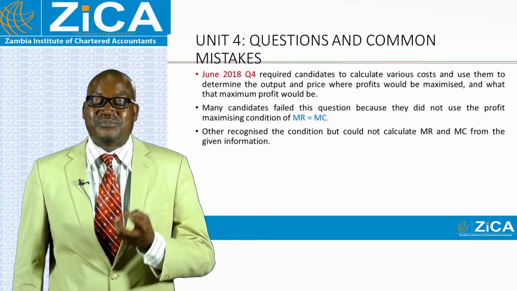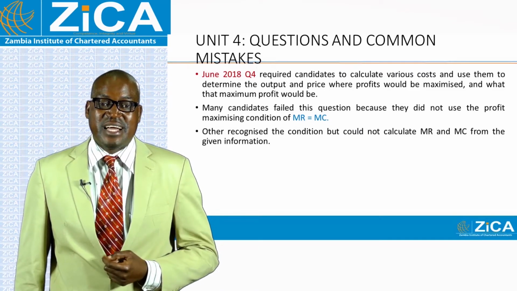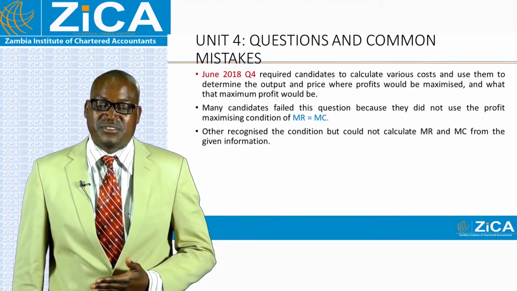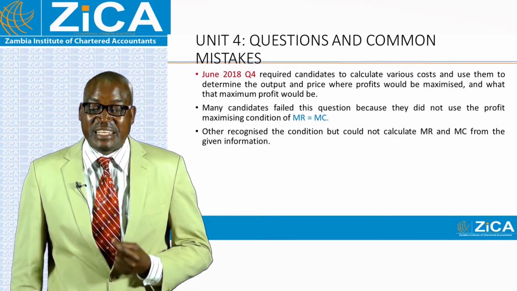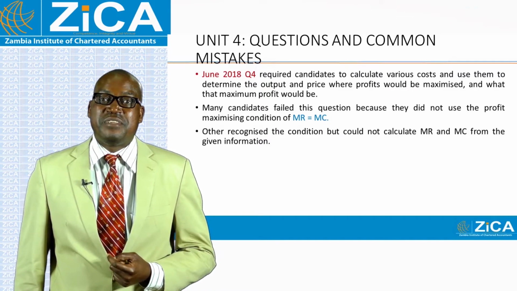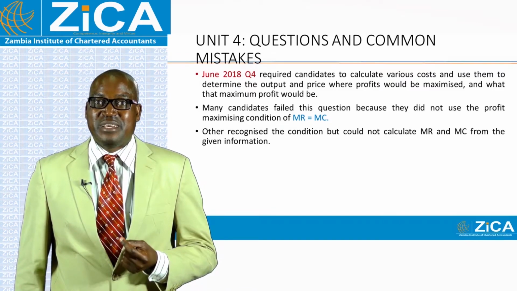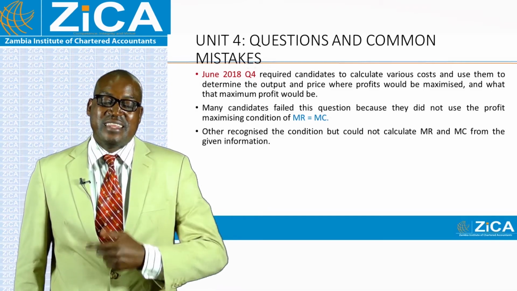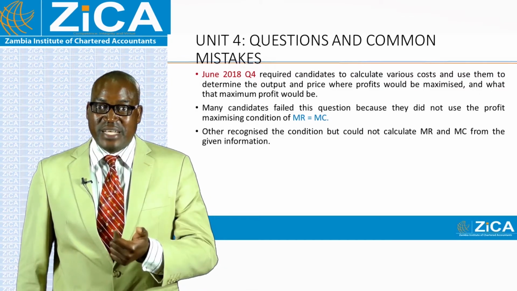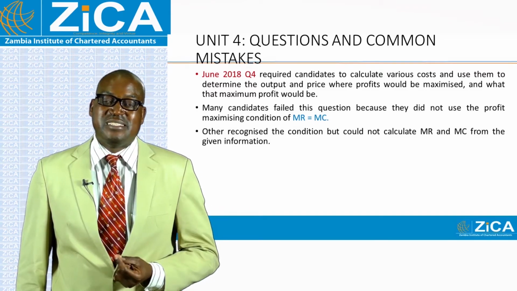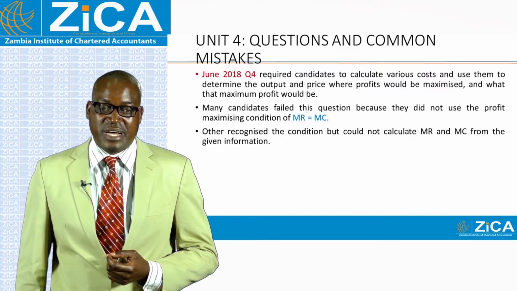What was required is to use the table that we had already highlighted to determine the various costs, and afterwards profits would have to be maximized at a point where marginal revenue is equal to marginal cost. That point could easily be pointed out once the correct figures have been calculated in the table. So once you calculate the table, it becomes easier to work out what cost would arise.